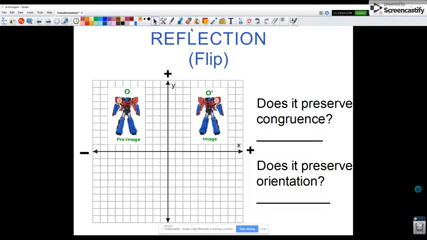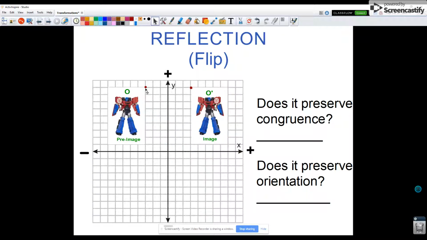And let's talk about some of the specifics. Well, this corner right here, I want you to notice what the reflection did. How did it change? So in this situation, you can see that this corner is 1, 2, 3 units from the y-axis. And on the other side, it maintains 1, 2, 3 units from the y-axis as well.